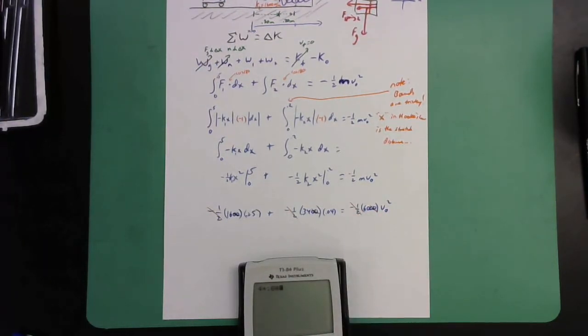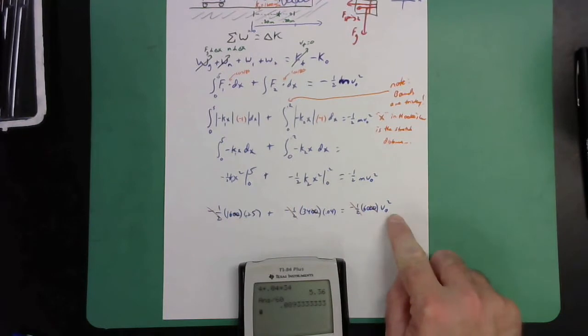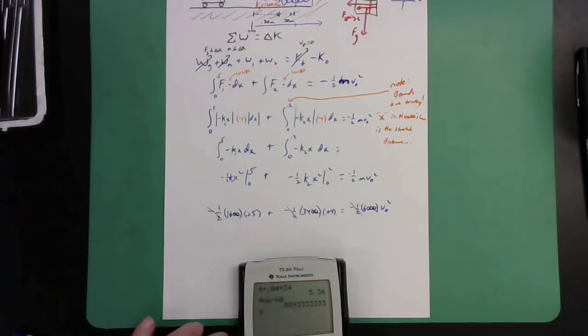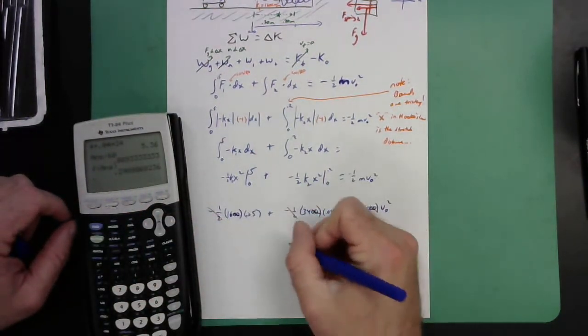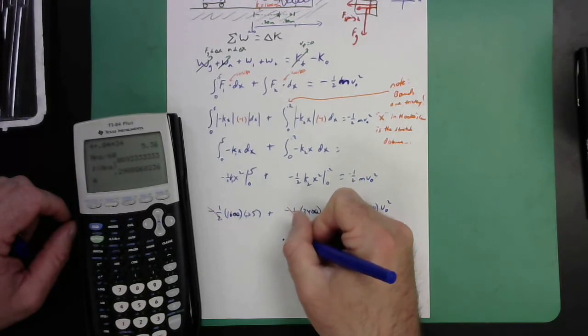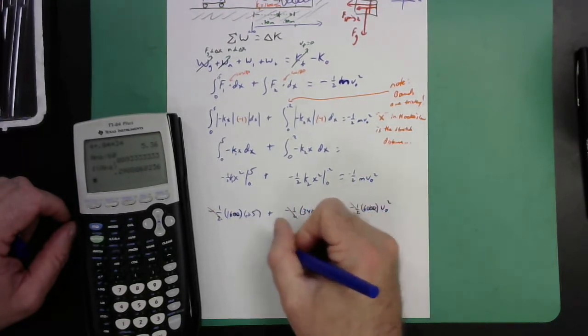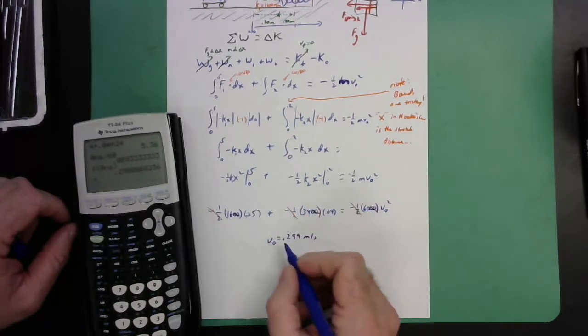Fine. Divide by 60, and then take a square root. I get that my initial velocity was 0.29888 meters per second. Let's round that off and say v naught was 0.299 meters per second.